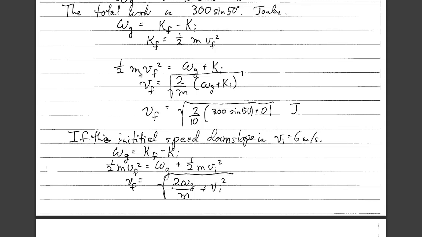I take the m and the 2 to the other side by multiplication, so I get a 2 over m here times W plus K. And this was a square, so I took a square root of both sides. I'll point out something I don't usually point out in lecture, namely what I did to get to this point. When you see a transformation like this, you get to figure out to some extent what I did to get there.